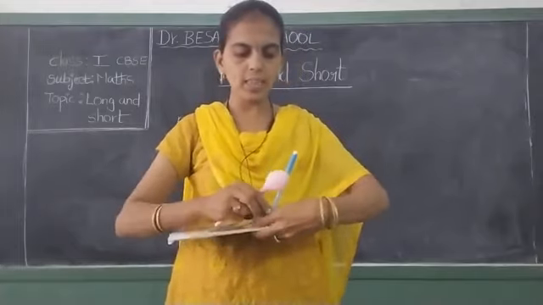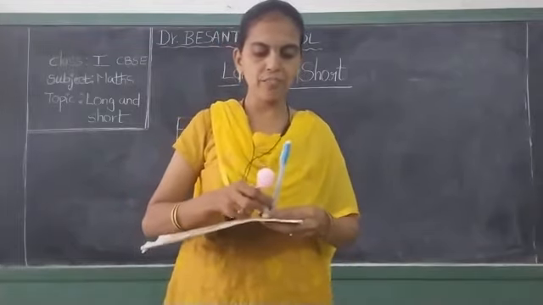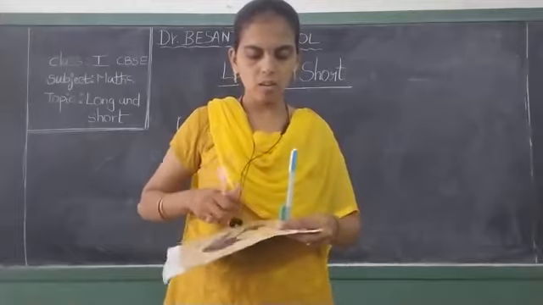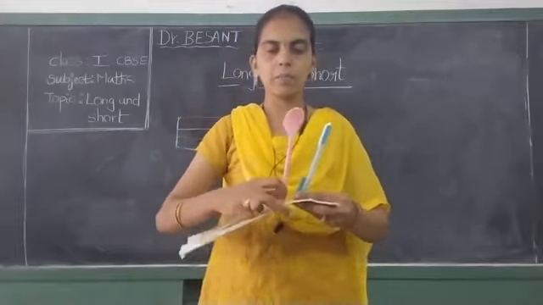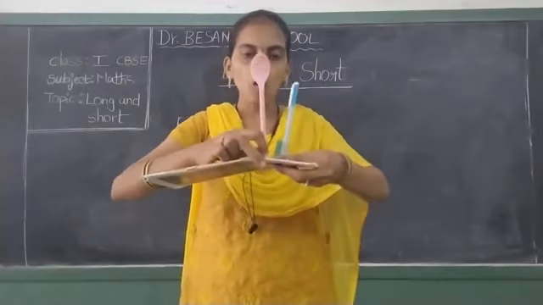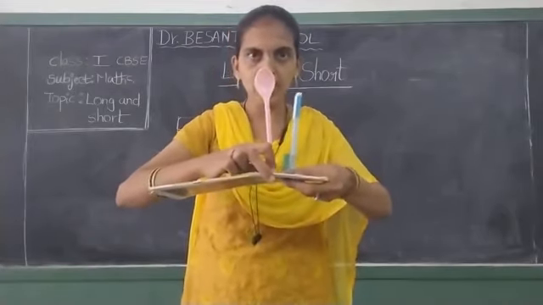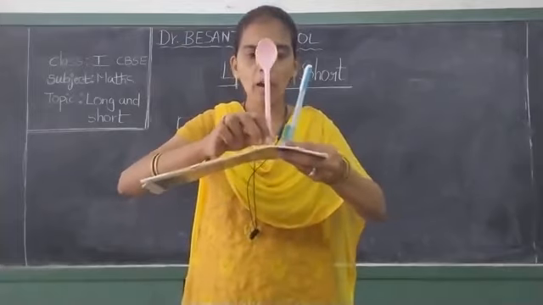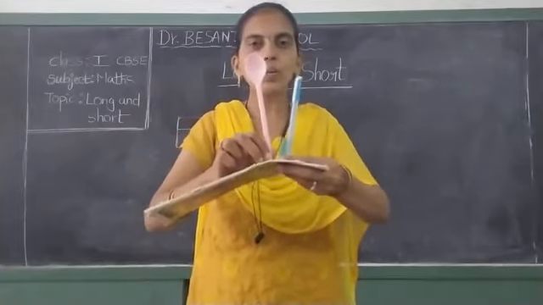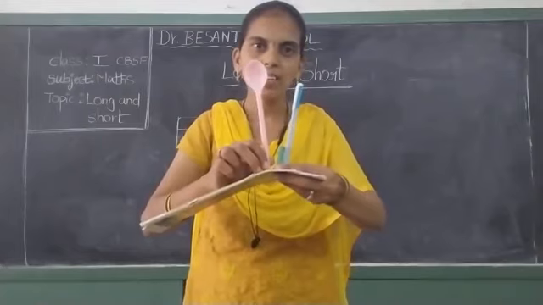I am holding them on a flat place so that you can understand the concept. Okay. So on seeing these three objects, children, please tell me, which one is the shortest?